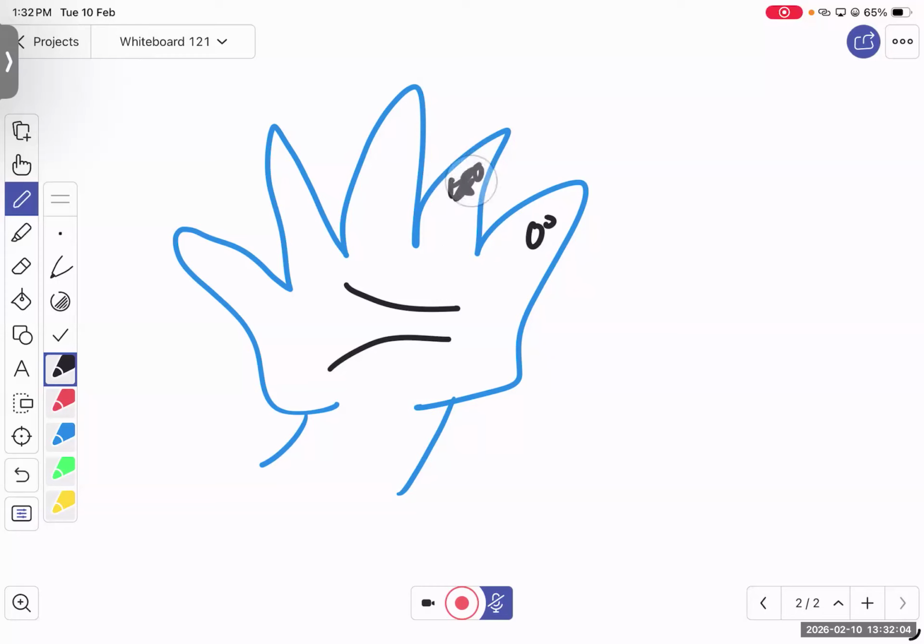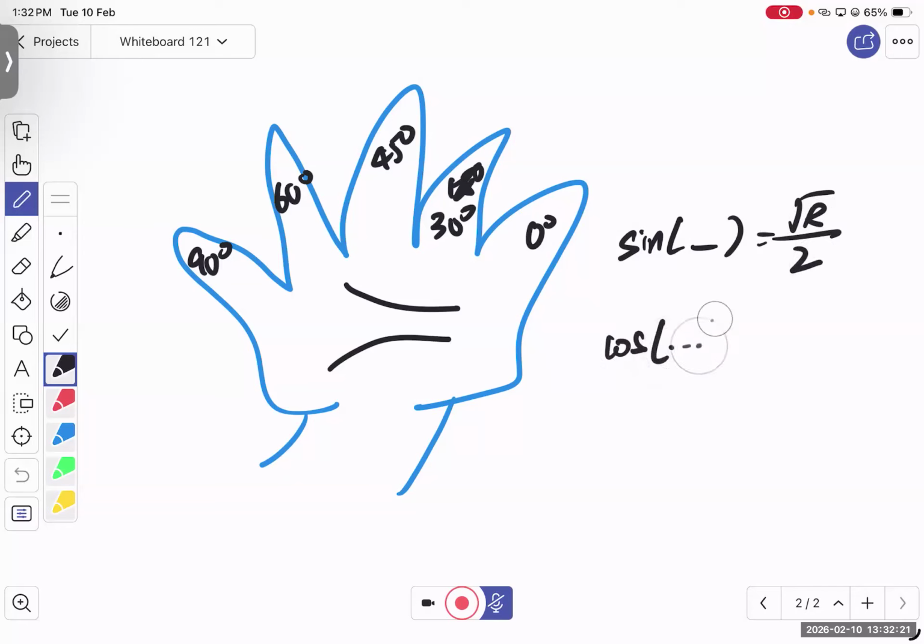So 30 degrees. My art is very horrible. Then, if you take sine, sine is the number of fingers on the right, divided by 2. Cosine is the number of fingers on the left, divided by 2.